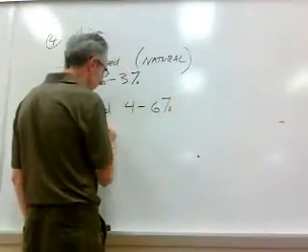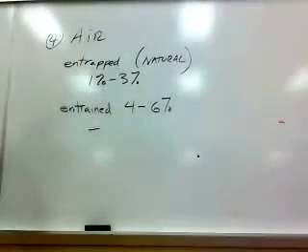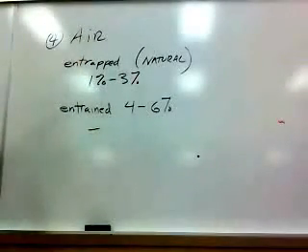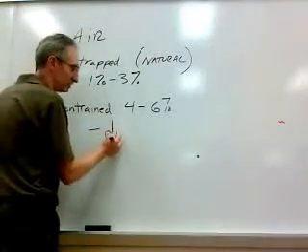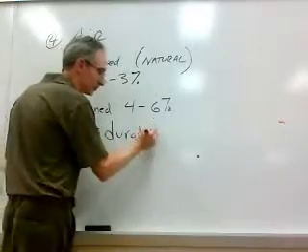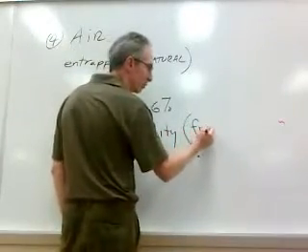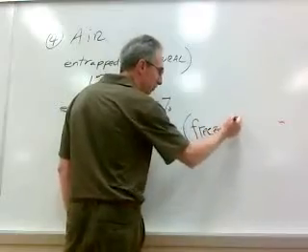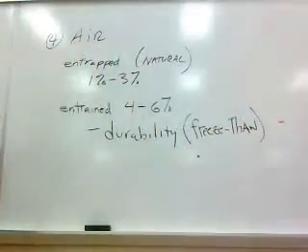Would you be able to pour it in cold, more extreme weather conditions, or make it harder? No. The reason we do it is to increase durability. And what we're talking about is durability relative to freeze-thaw. Okay?